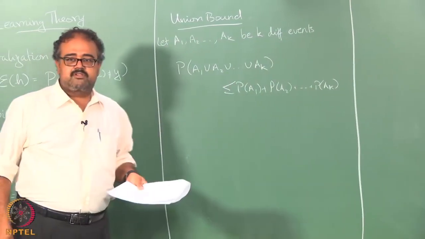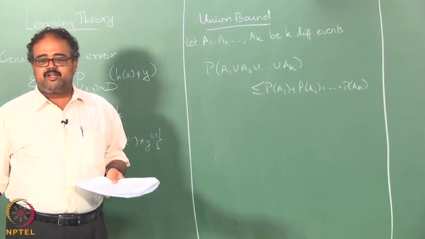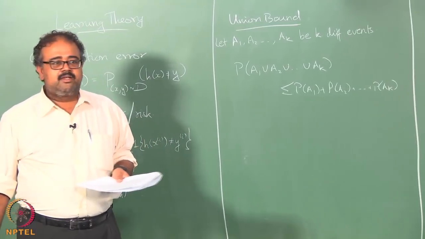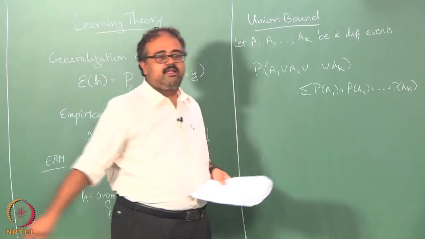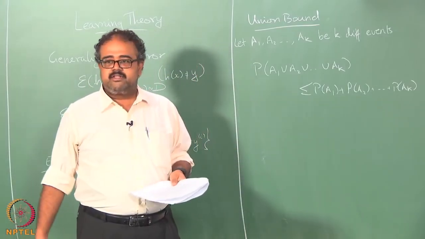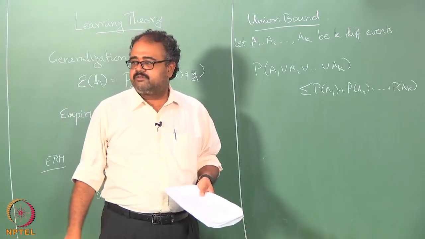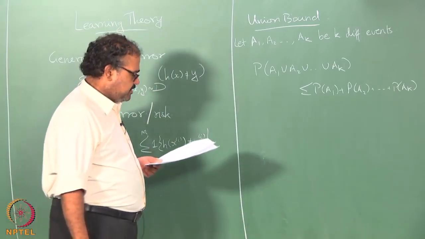In most versions of probability theory, this is taken to be axiomatic. So this is called the union bound. It is equal when they are independent, or they are disjoint. Thinking of them as sets, they are disjoint.